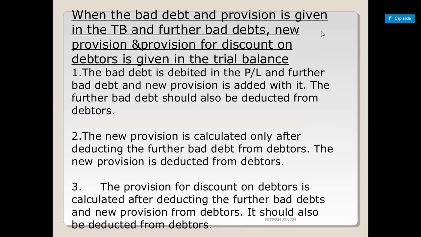Second, the new provision is calculated only after deducting the further bad debts from debtors. The new provision is deducted from debtors. Third step, the provision for discount on debtors is calculated after deducting the further bad debts and new provision from the debtors. It should also be deducted from debtors.